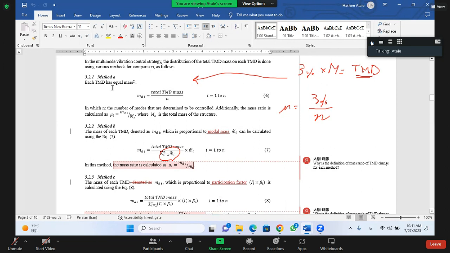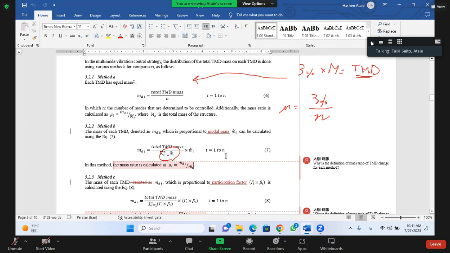In method A, because we do not have any characteristics to discuss, we have to divide the TMD mass by the number of TMD. But here we are talking about modal mass. It means that each TMD is responsible for controlling that amount of mass in that corresponding mode shape.